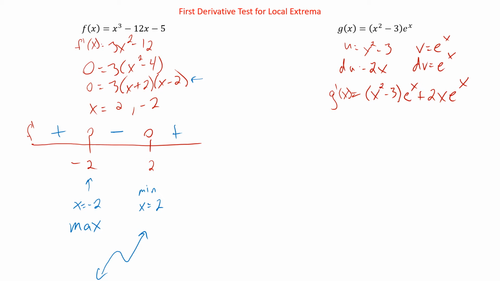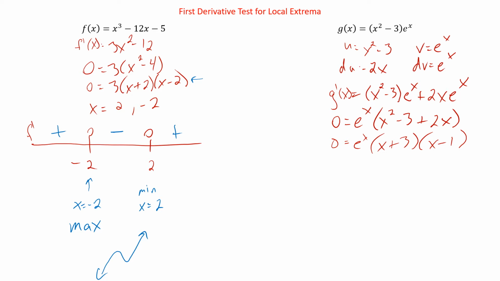So we can factor out an e to the x, leaving us with x squared minus 3 plus 2x, which we can factor. That's x squared plus 2x minus 3. So we have x plus 3, x minus 1, because 3x plus -1x is 2x, and yep, it multiplies.